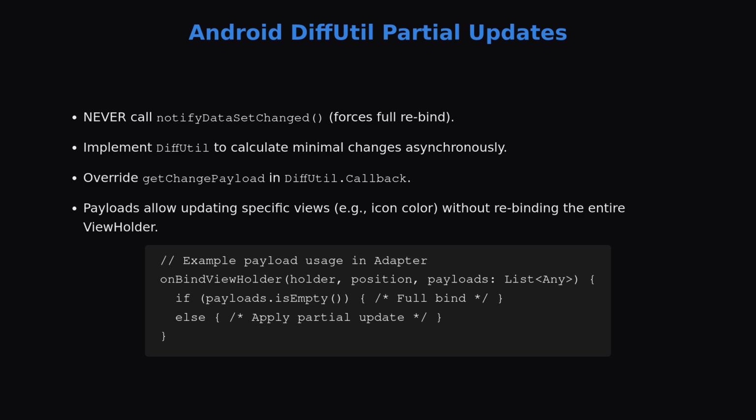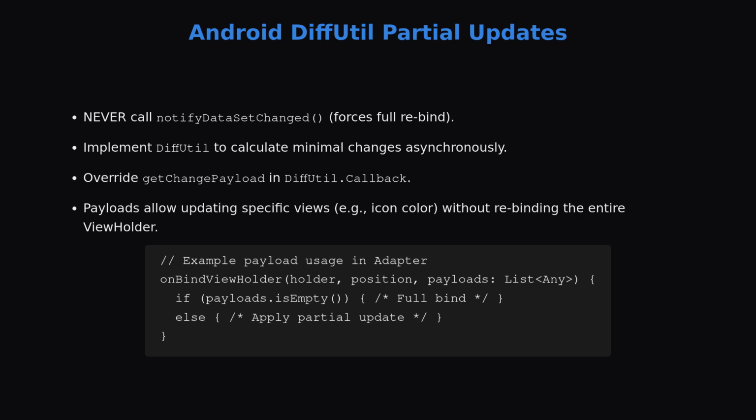Developers must implement DiffUtil to calculate the minimal set of changes between the old and the new data lists asynchronously on a background thread. Override the getChangePayload method within the DiffUtil callback implementation to enable partial binding updates. When only a small property changes, such as a toggle state or a counter value, the payload mechanism allows the adapter to update only the specific view element.